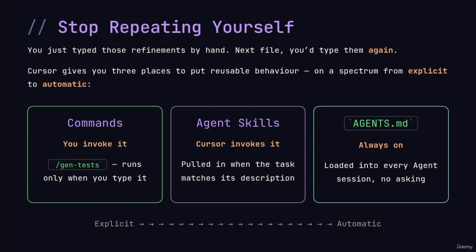So it's not entirely explicit nor fully automatic, but it's pulled in when the task matches the description. And then finally, the agents.md file is sort of your always-on rule. It is loaded into every agent session, and it will use those rules when you ask it to generate tests. And that's the fully automatic approach.